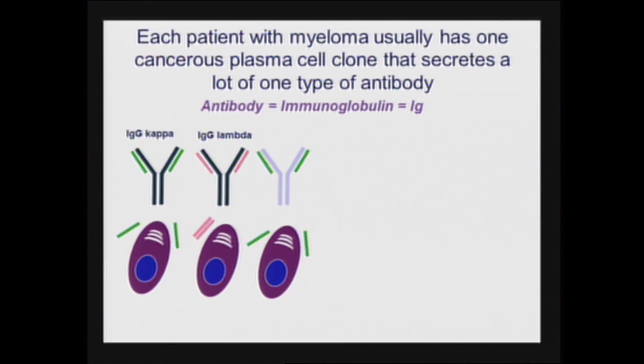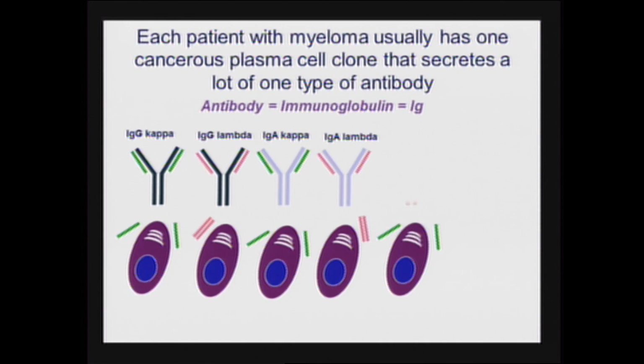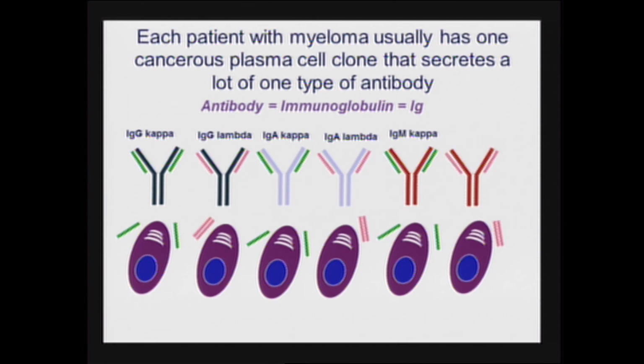So there are other types of antibodies that can be secreted by plasma cells. In this case, they're IgA. You can see they're purple, and again they have the same green kappa light chain or a lambda light chain, so they get paired off together. And finally, we've got here an IgM kappa. It's got a different color heavy chain just to show you that it's different than the other two. So what would you call this?